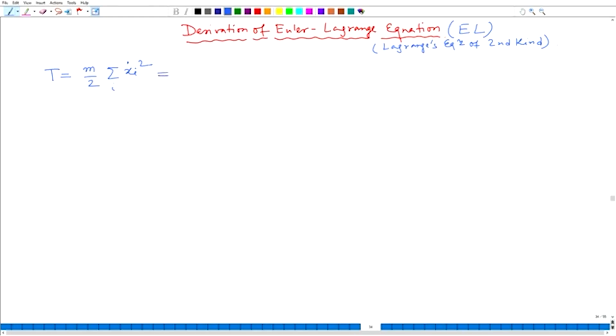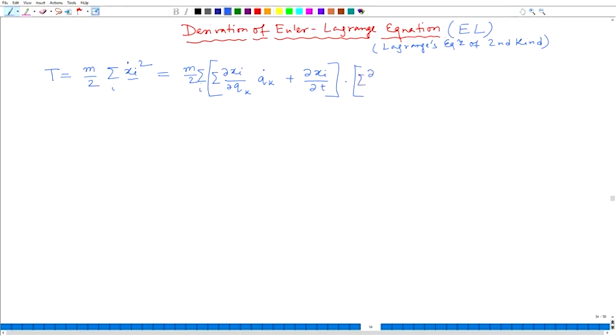We know that for every xi we will have an expression in terms of the generalized coordinates and generalized velocities, and that is why we can now write xi dot as the summation over k of del xi del qk times qk dot, plus del xi del t.